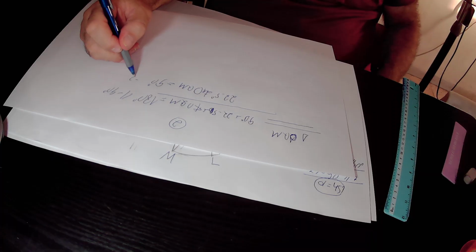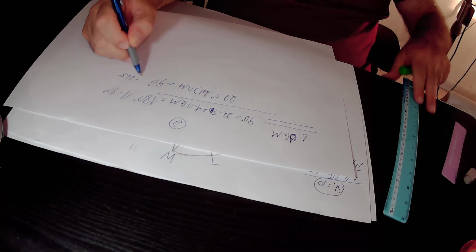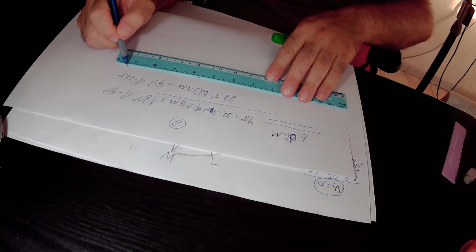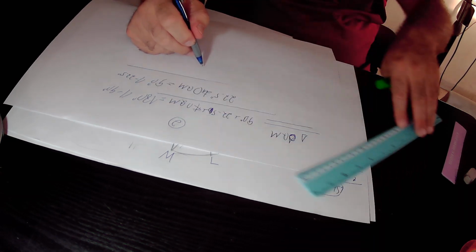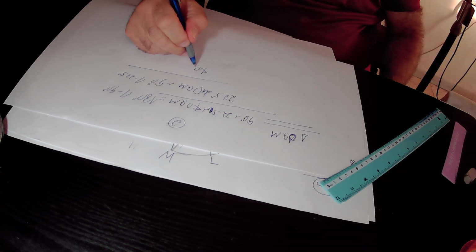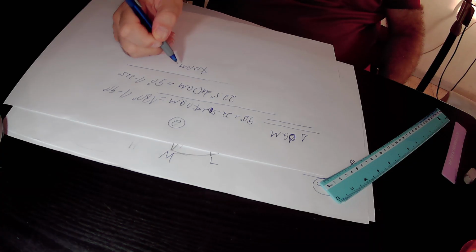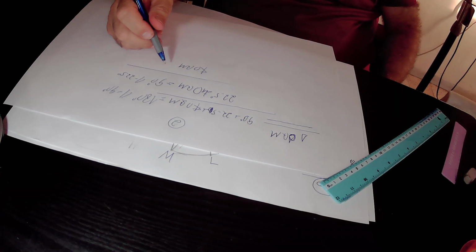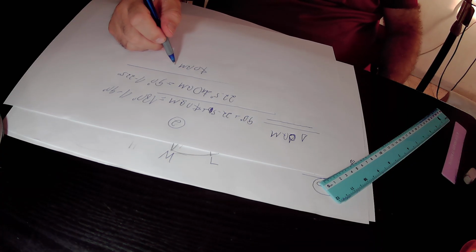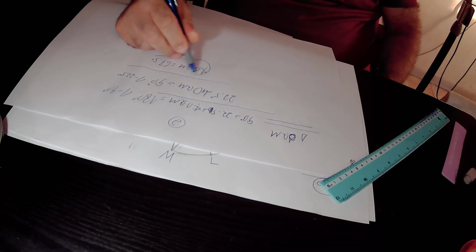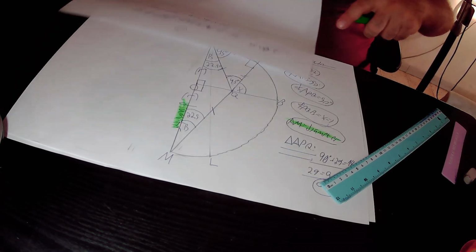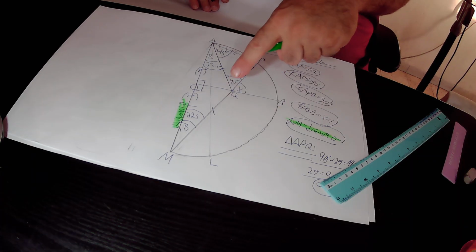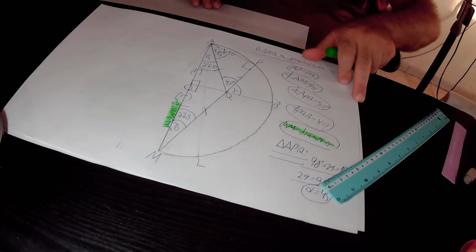Here we subtract 22.5 degrees from this equation, and finally we get that the size of the missing angle OQM is equal to 90 degrees minus 22.5 degrees, which is 67.5 degrees. So this missing angle OQM is equal to 67.5 degrees in its size.